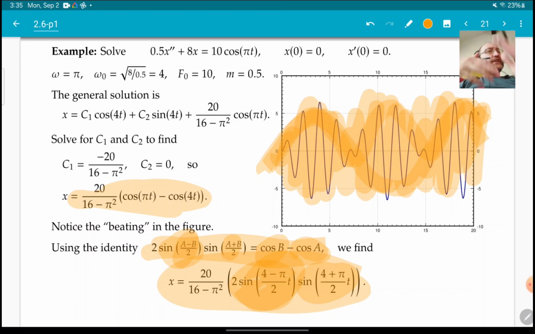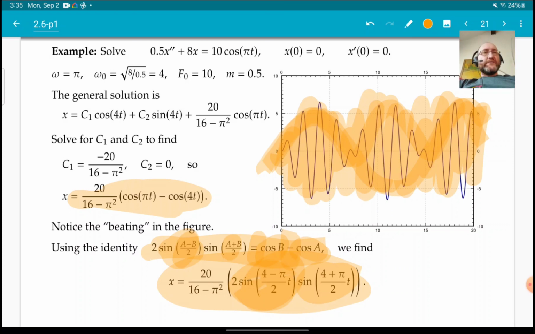All right, so that's the general phenomenon that you see here. In general, if it's not as simple as here, they might not have the same coefficients in front, so you're going to get something slightly more complicated. But that's the general idea, that you get this sort of beating behavior in there.